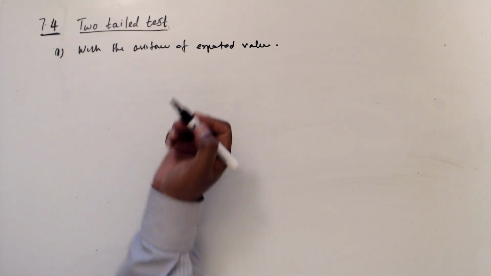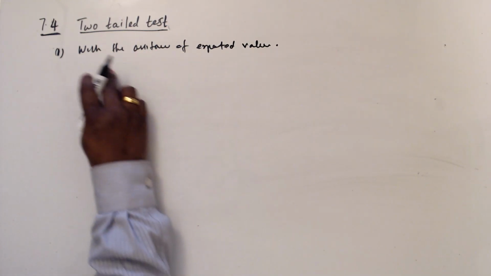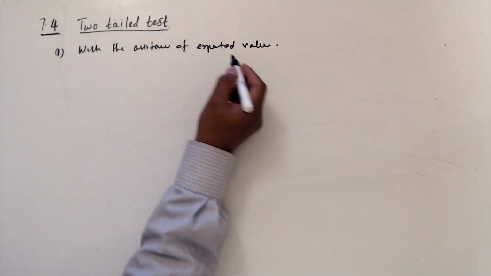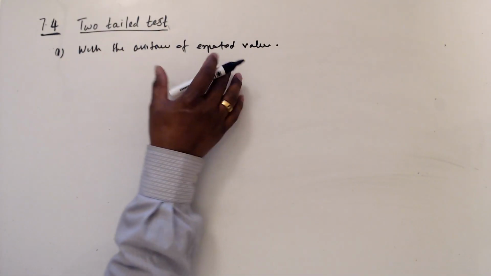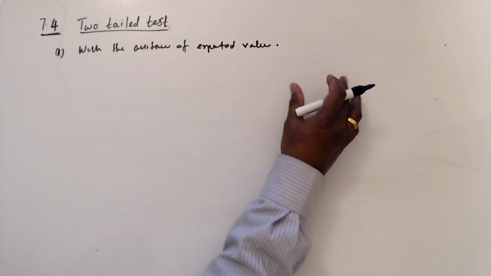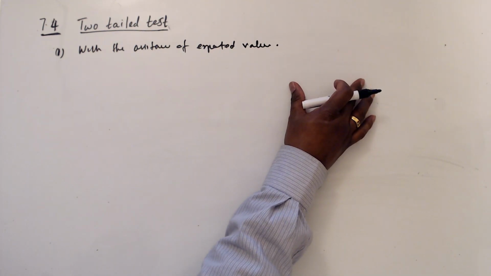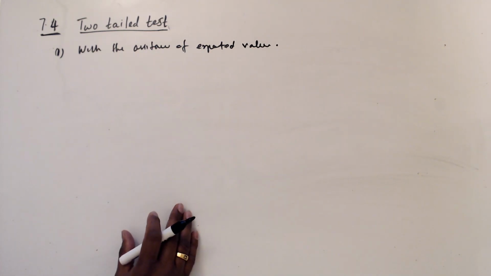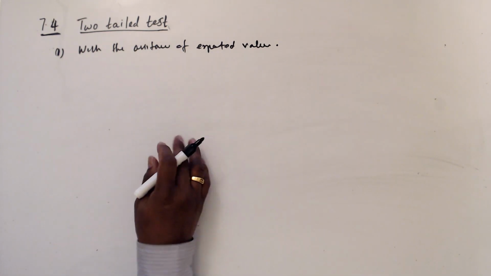With the assistance of the expected value, instead of testing both tails, we check only one tail.